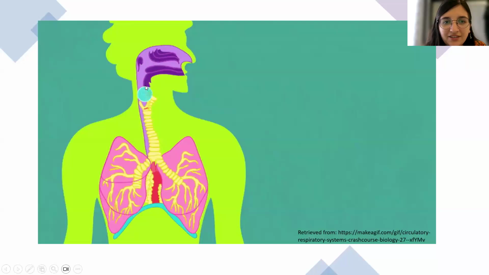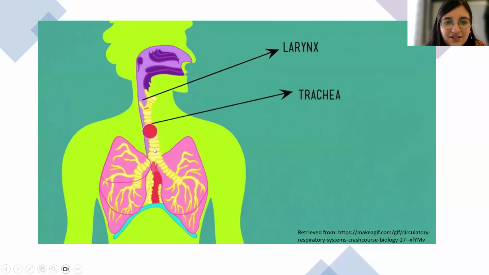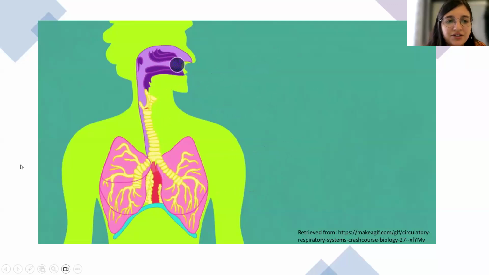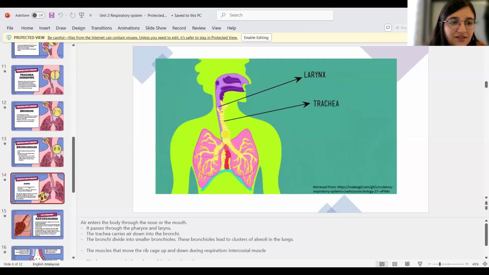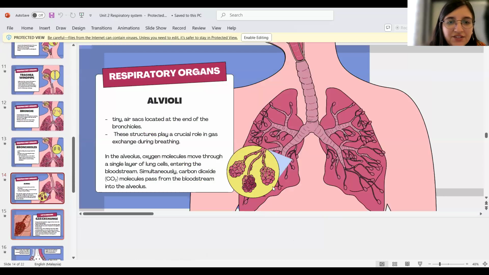You went in, pharynx done, larynx. This is the trachea, the bronchi, the bronchioles. And now you're at your destination. So let's go back to the alveoli. Now you're here, at the ends here.